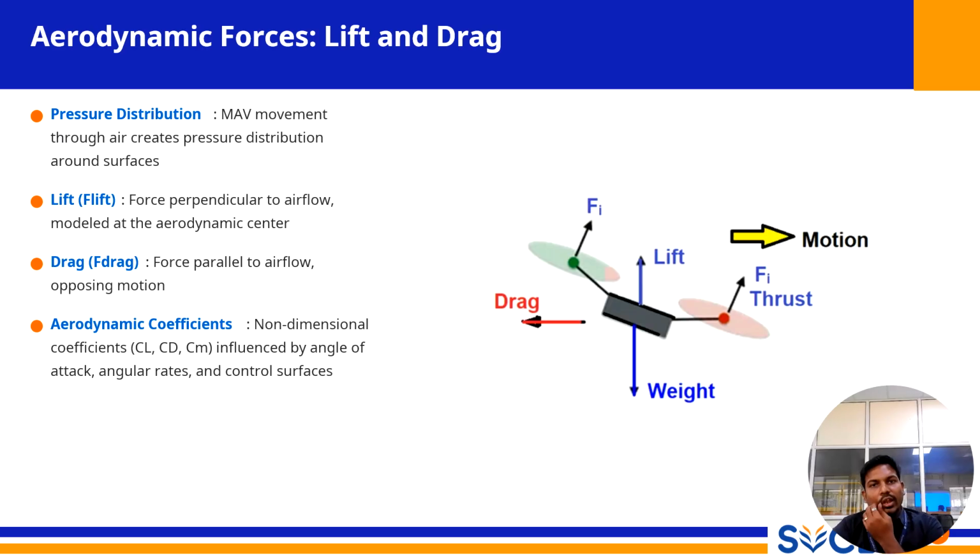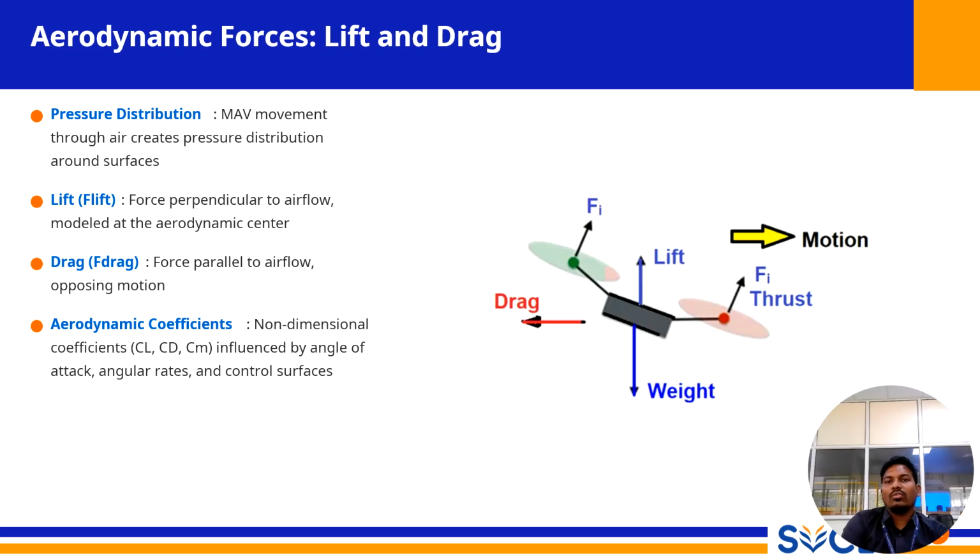As shown in the diagram, the drag is a resistive force that the drone's thrust must overcome to accelerate and maintain its forward speed. These forces are not constant. They change dramatically depending on how the MAV is flying.